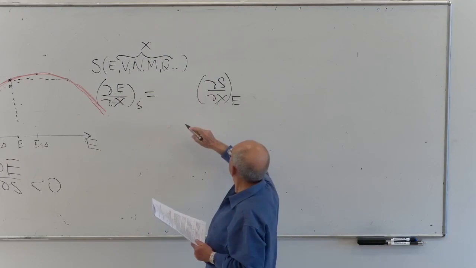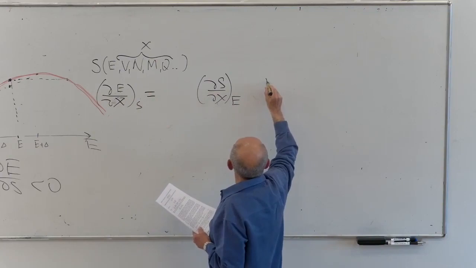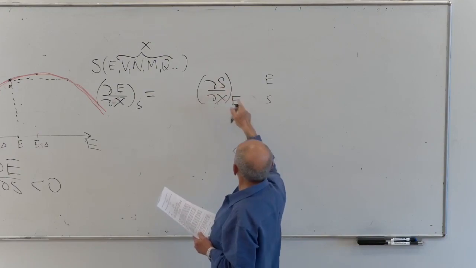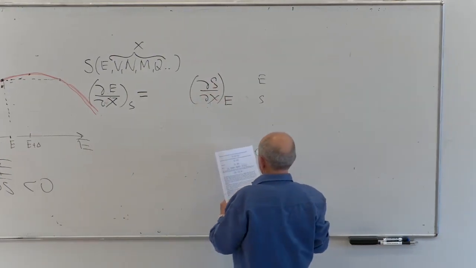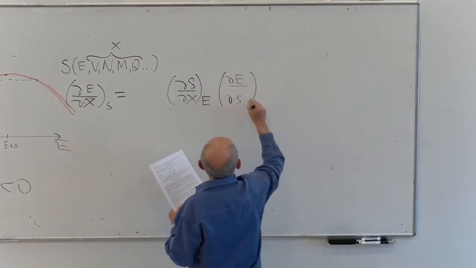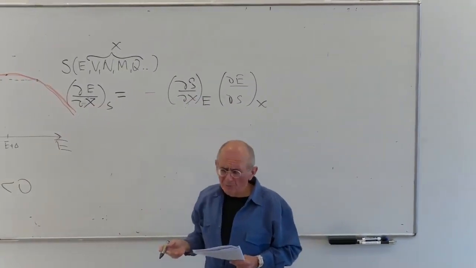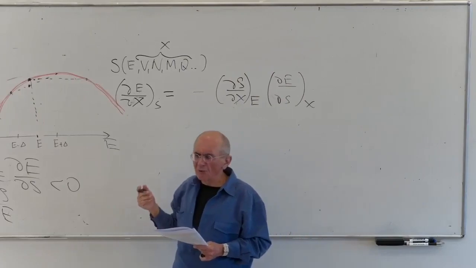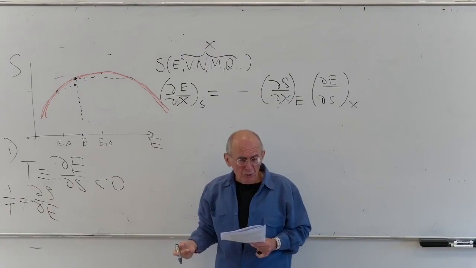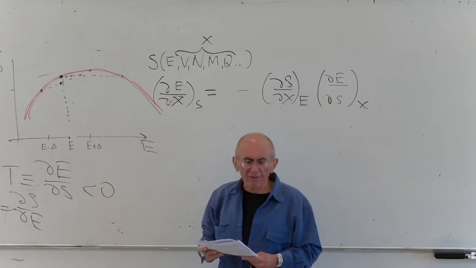Must be times dS/dx, x is already here, so it must be E somehow in the denominator, and S in the denominator, because it's extra S. So what stands here is dS under x, and believe it or not, the sign is minus. You learned it probably when you were undergrads, but this formula is so ugly that you immediately forget it every time you see it. But I'll teach you in tutorials a very beautiful formalism called Jacobians, in which such a formula is easily flying off the shelf.